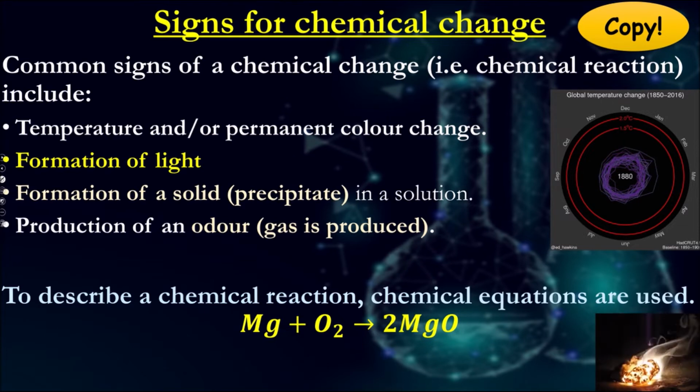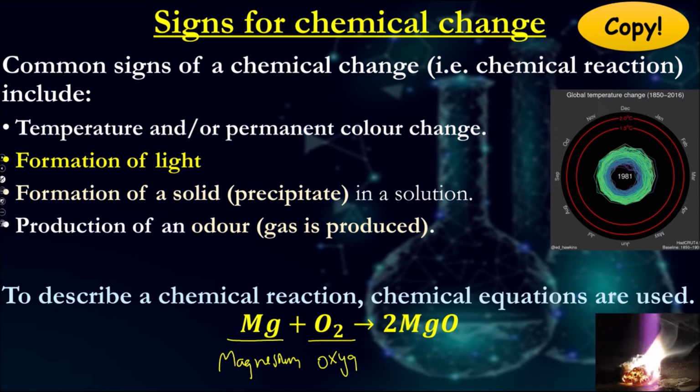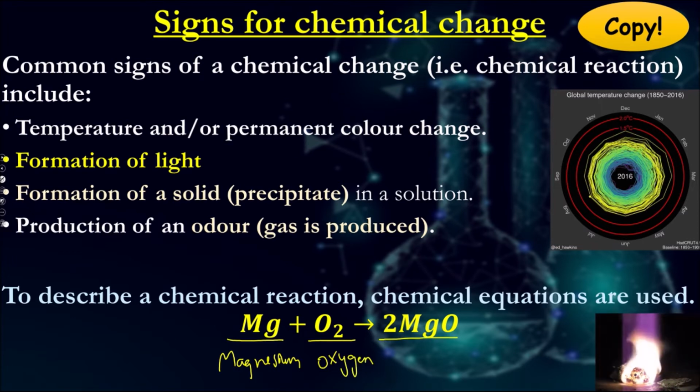And let's use a simple example. We have magnesium metal here. Magnesium, when it reacts with oxygen, you would have all seen this in term 1. One of the indicators we see in this reaction is the production of a really bright light.